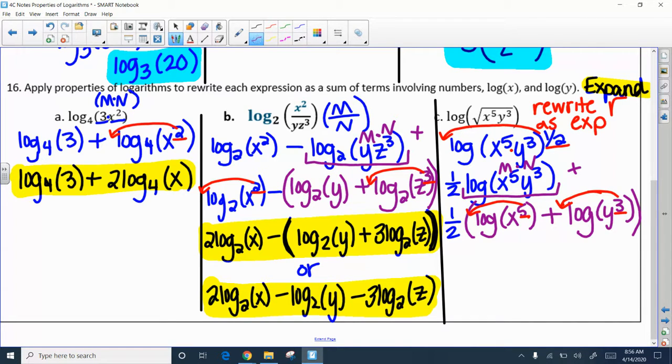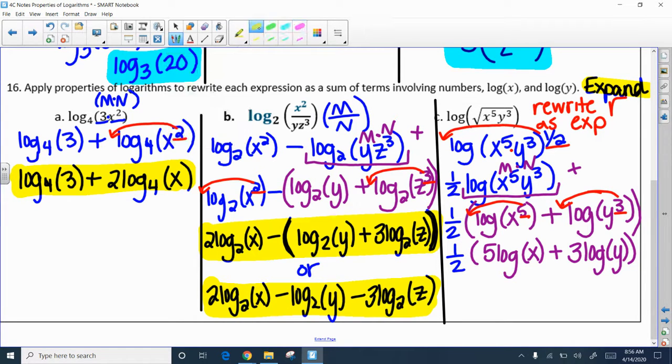So if I rewrite that, I would have 5 log of x plus 3 log of y. Now notice I still have that in parentheses, and I still have the half in the front. So you can leave it like this with the half in the front and then parentheses around this.